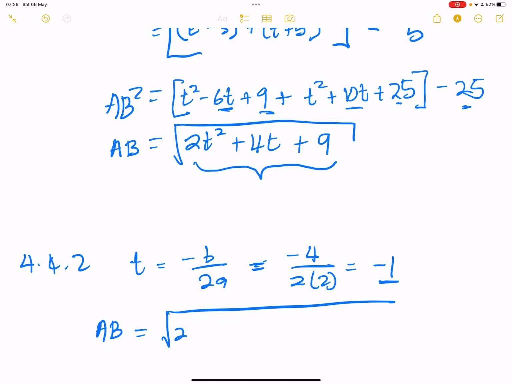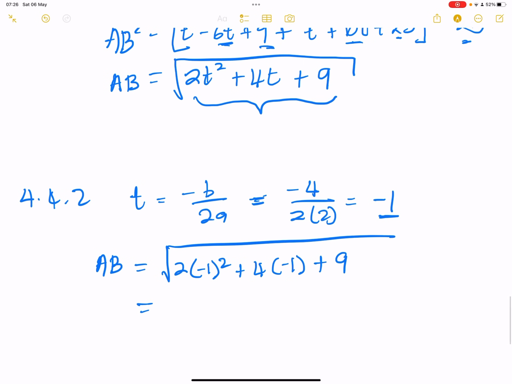So that's 2 times -1 squared plus 4 times -1 plus 9. 2 times -1 squared gives us 2, minus 4 gives us -2, and then plus 9 gives us 7. So the minimum value of AB is the square root of 7.